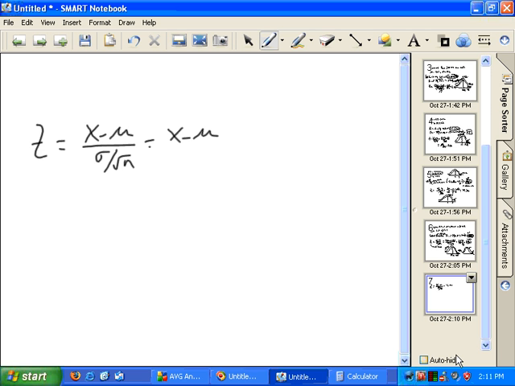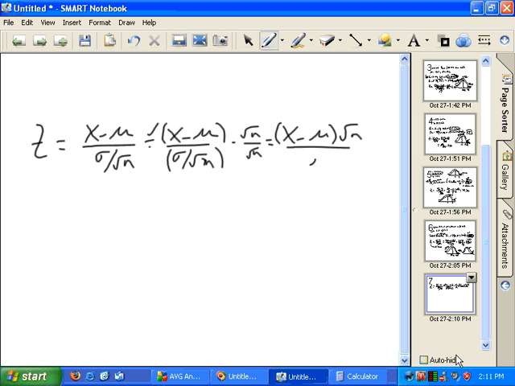Well, an expression always equals itself times 1. And the way I'm going to write 1 is square root of n over the square root of n. The top is x minus mu times the square root of n, and the bottom is just sigma.